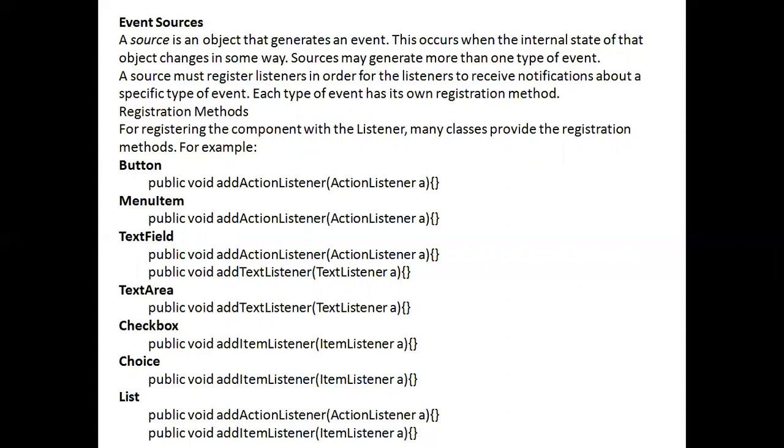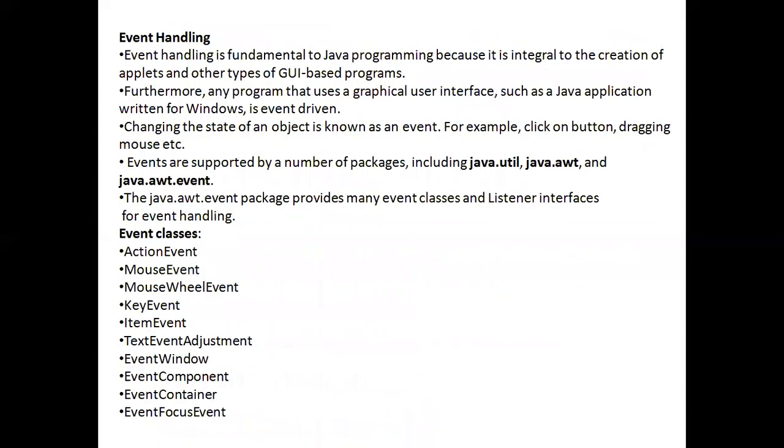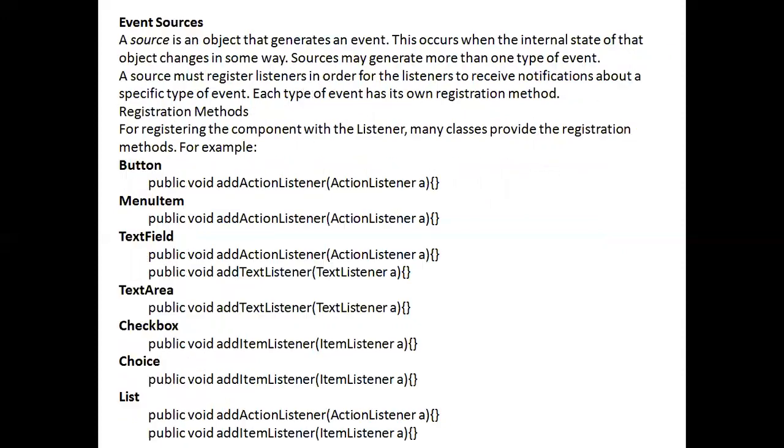If the object changes in some way, these events are generated. Sources may generate more than one type of event. So the definition of an event is changing the state of an object. Clicking a button and dragging the mouse are examples of events.